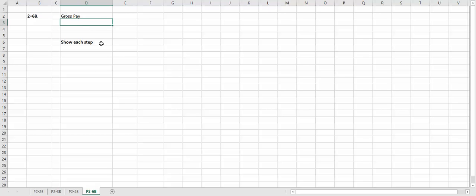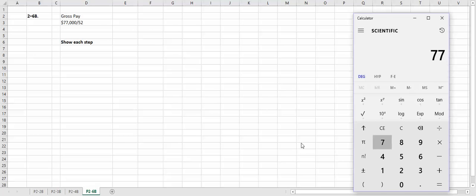So the first thing we're going to do is take his annual salary, divide it by 52 weeks. So we're going to take $77,000 divided by 52, gives us $1,480.77 per week.